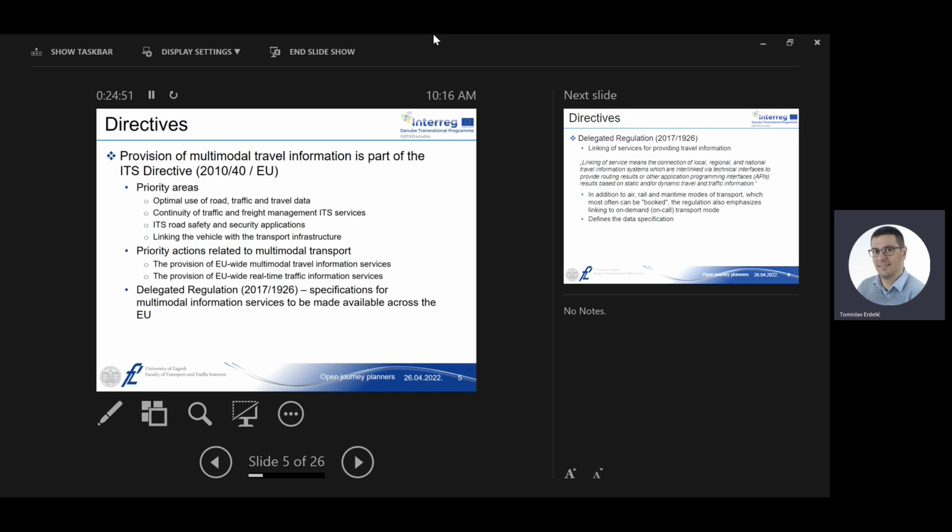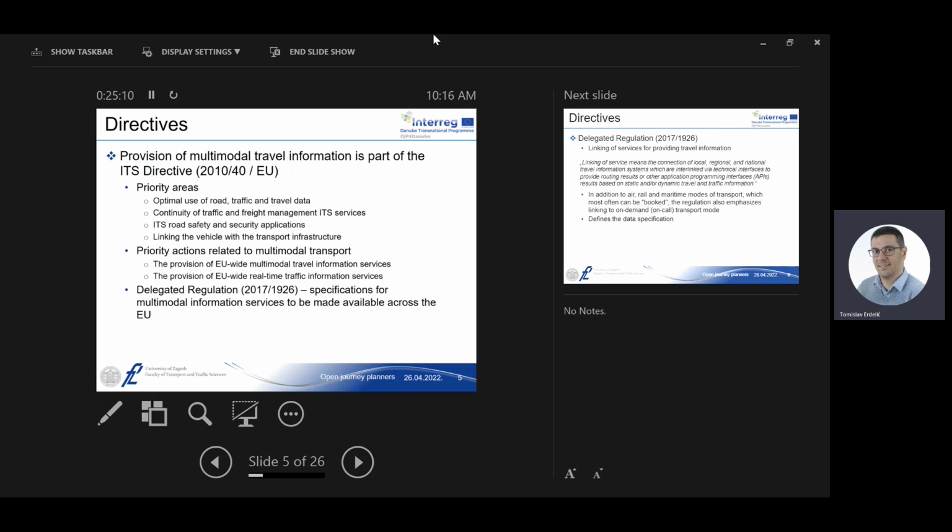Real time means that you provide exactly the timetable for some buses that is at that point when you look at it. There is also delegated regulations from 2017 that has the specifications for multimodal information services to be made available across the EU. And here is the delegated regulation.